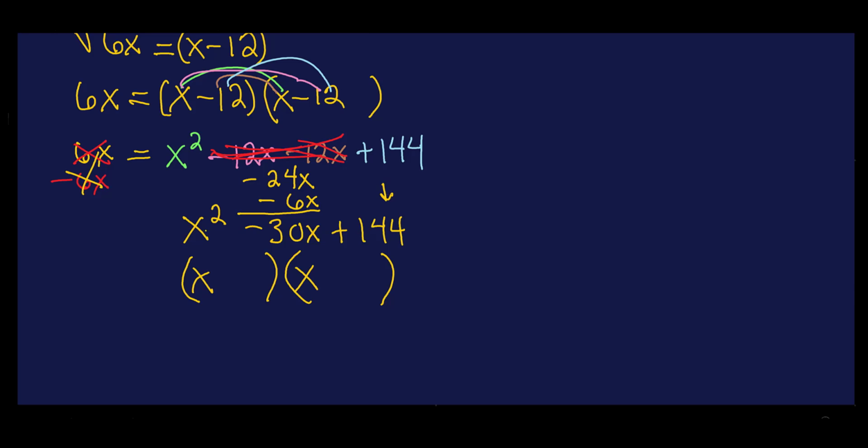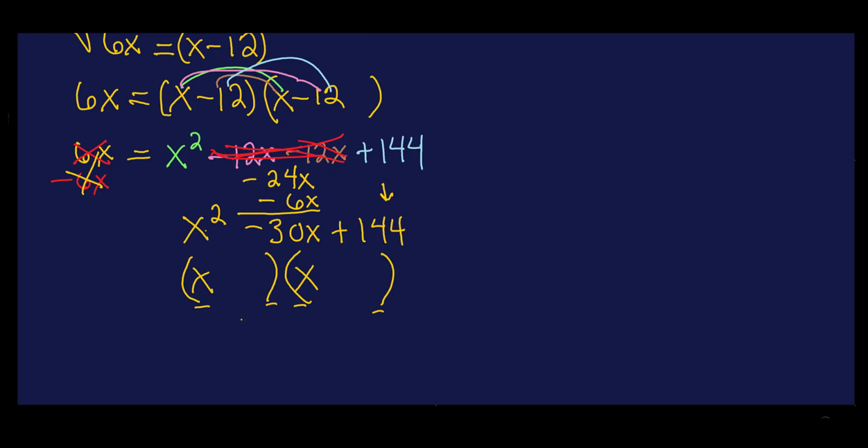It may take you a little bit of time to figure out, but what we're trying to do is make the outer numbers, when multiplied, and then added to the multiplication of the inner two numbers, equal this negative 30.